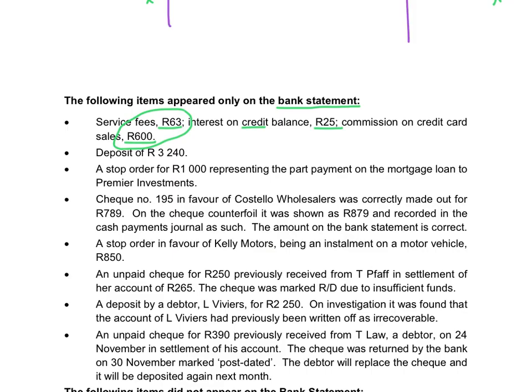Then there's a deposit of 3240 on the bank statement in November that doesn't appear on the cash journals for November. The first thing that we have to do is to go and see if this deposit was an outstanding amount at the end of the previous month.